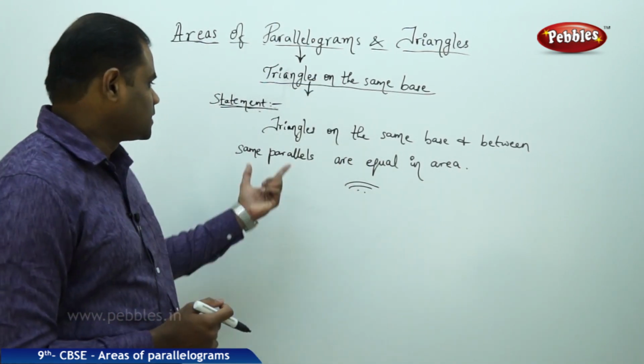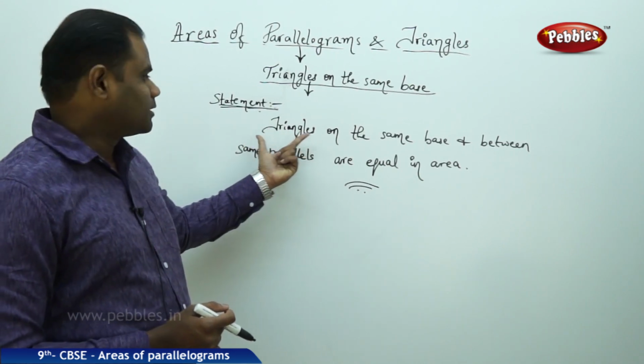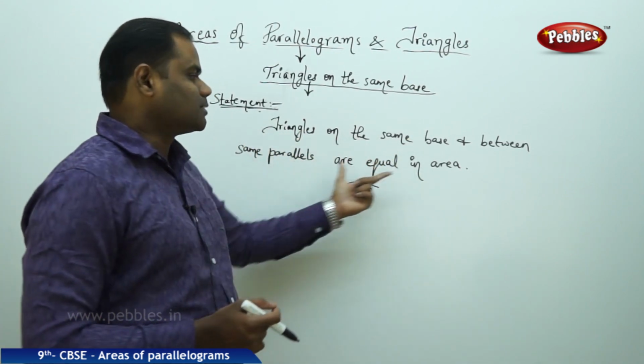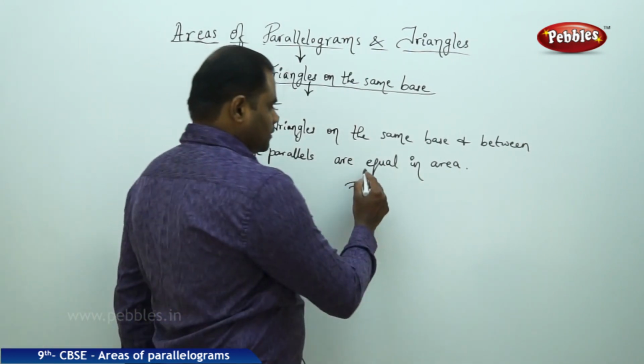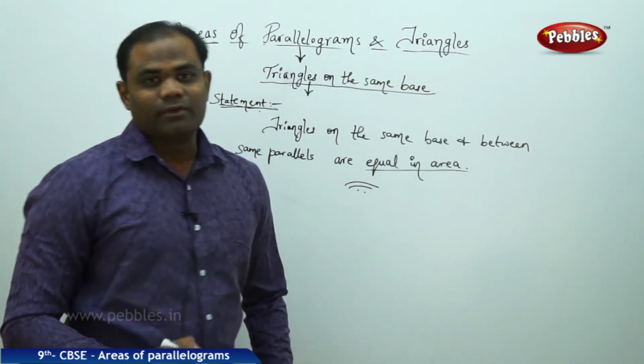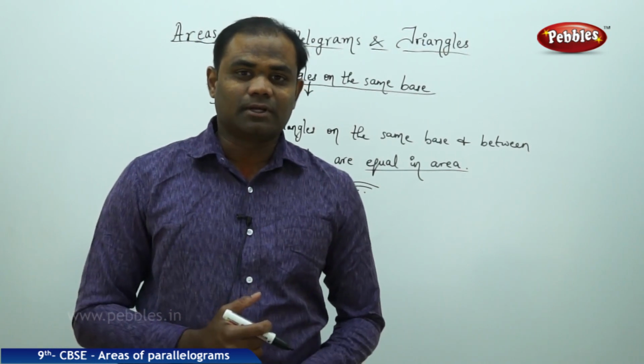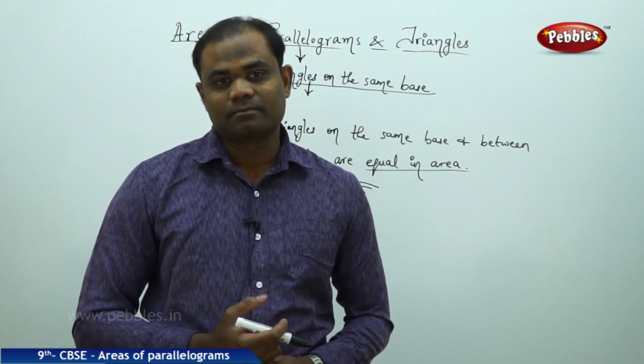So same base theorem says that if two triangles are taken on the same base and between same parallels, they are equal in area is how we understand the same base theorem connected with the property.